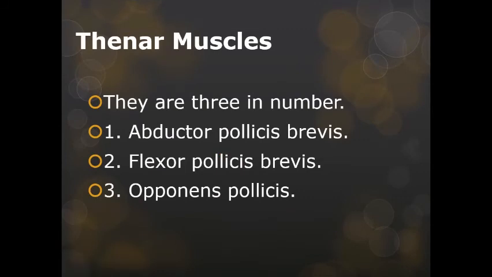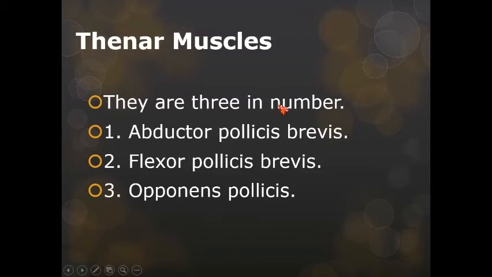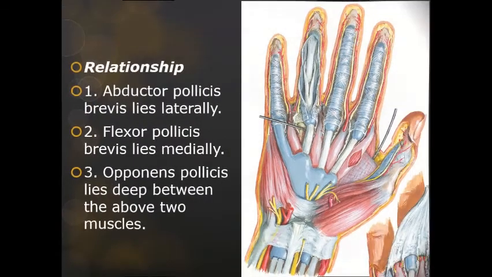So coming to the thenar muscles, there are 3 thenar muscles: abductor pollicis brevis, flexor pollicis brevis, then opponens pollicis. Regarding their relationship, abductor pollicis brevis is present most laterally, then flexor pollicis brevis is present most medially, then opponens pollicis is present deep to the above 2 muscles.